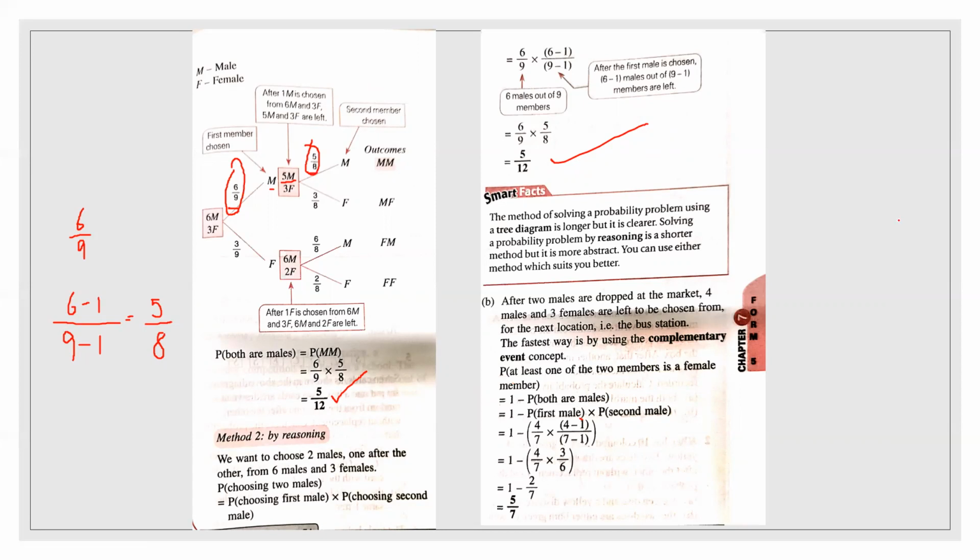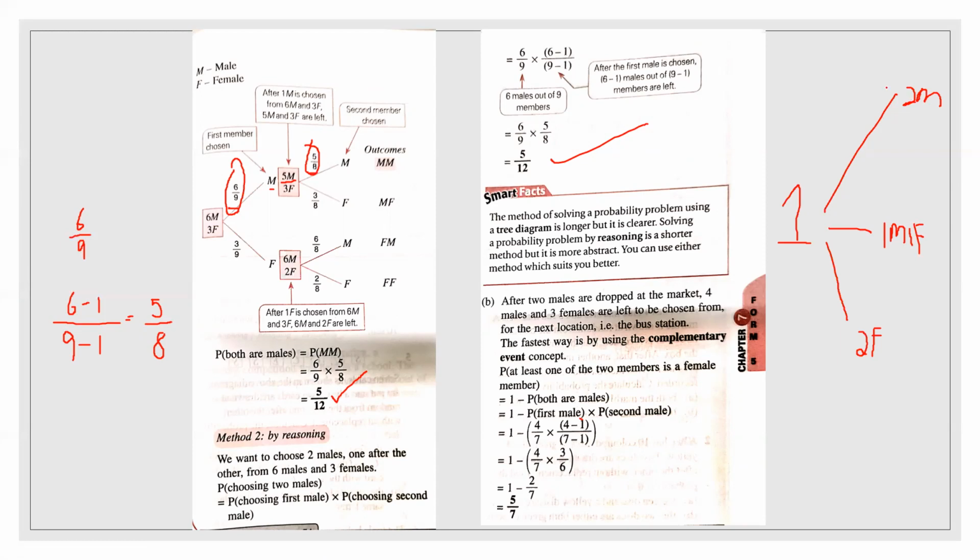Okay, let me tell you again. 100% probability will have these 3 outcomes. First outcome is 2 male. Second outcome is 2 female. Third outcome is 1 male, 1 female.